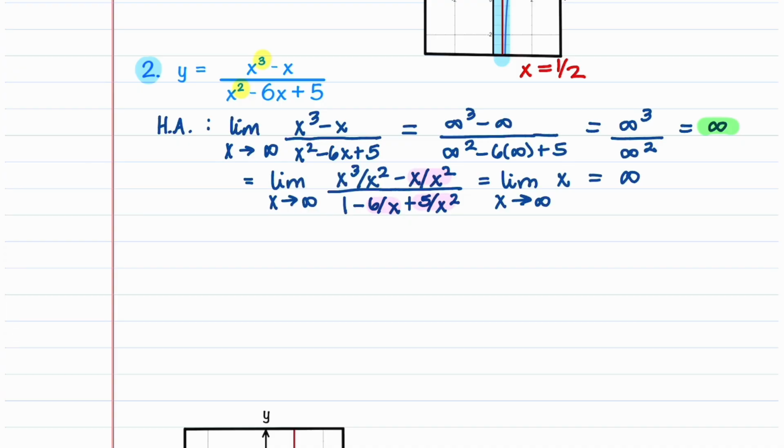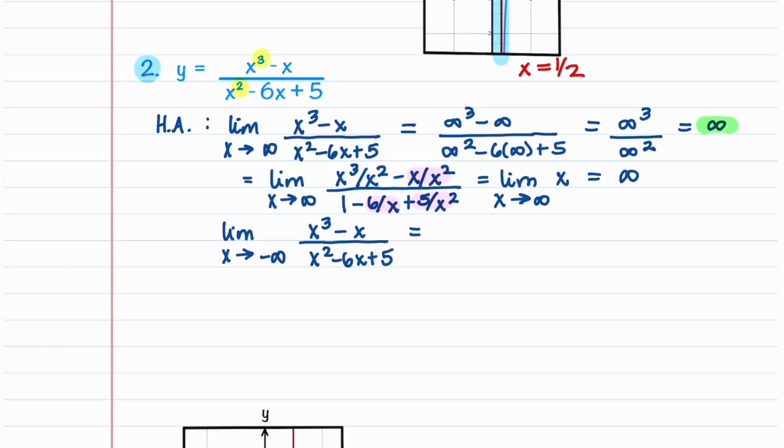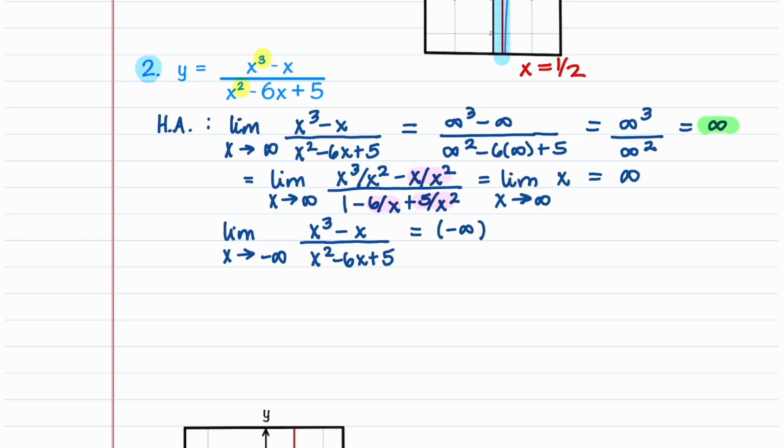Now let's look at what happens as x approaches minus infinity. We have x cubed minus x, all divided by x squared minus 6x plus 5. Let's plug in x goes to minus infinity. We'll have to watch our negatives here.